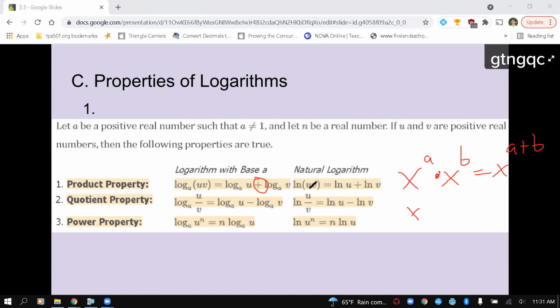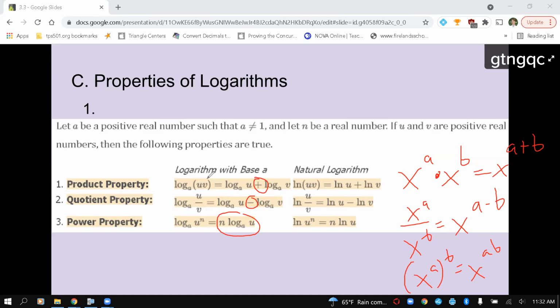If you have x to the a divided by x to the b, what do you do with a and b? Subtract them. If you had x to the a to the power of b, what do you do with a and b? You multiply them. It's the same rules.